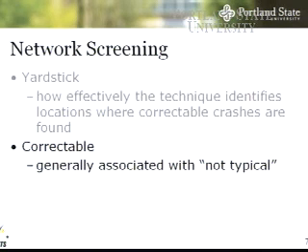So correctable generally is associated with not typical. So we want to find locations that are above average. And there are a number of ways that you can define average or the performance of a facility based on its observed crash performance, and those are the measures that we used in the analysis.